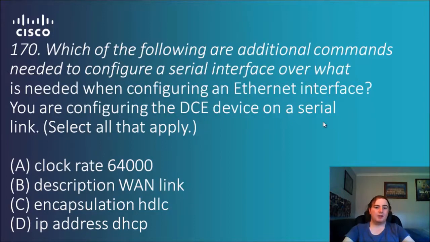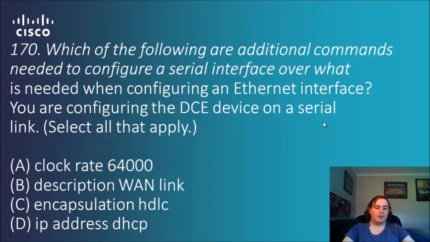170, which of the following are additional commands needed to configure a serial interface over what is needed when configuring an Ethernet interface? You are configuring the DCE device on a serial link. Select all that apply. And again, this will be in some Cisco labs and tests that will certainly tell you to type in those commands.